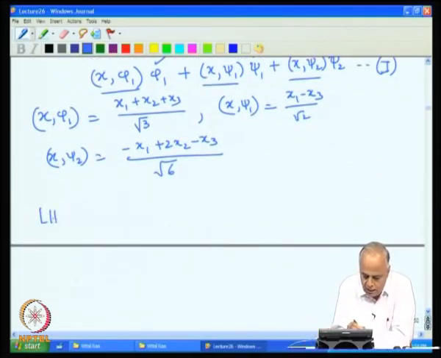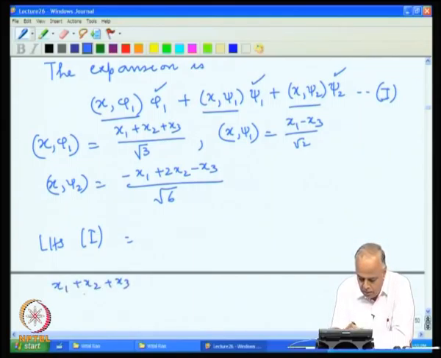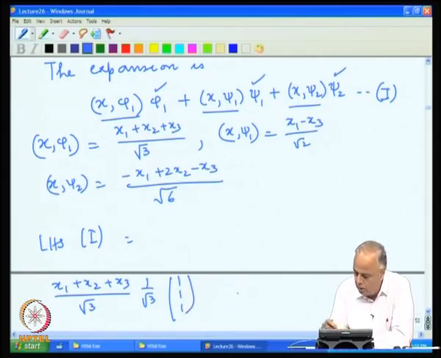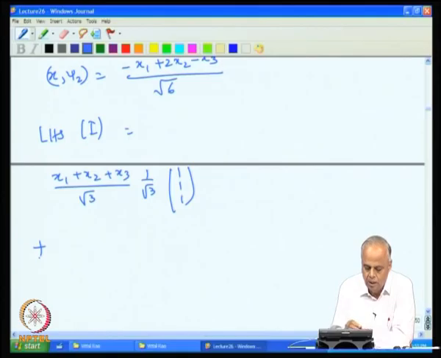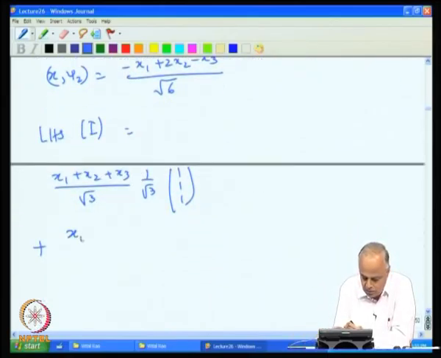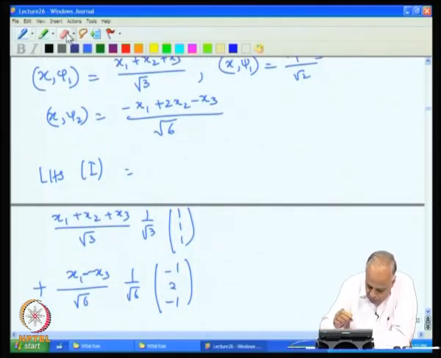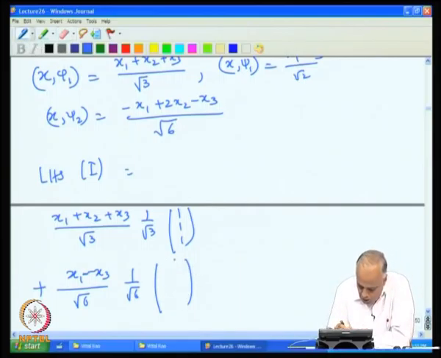Therefore, the LHS of 1 becomes (x 1 plus x 2 plus x 3) by root 3 into phi 1, (1, 1, 1), then plus the x dot psi 1, which is (x 1 minus x 3) by root 2, into 1 by root 2 into (1, 0, minus 1).